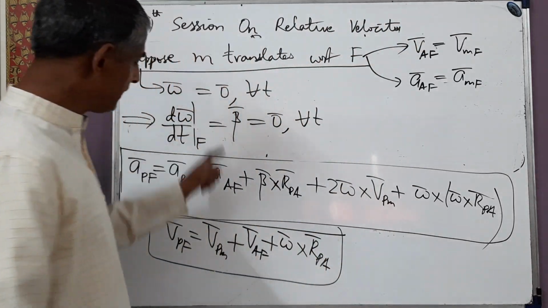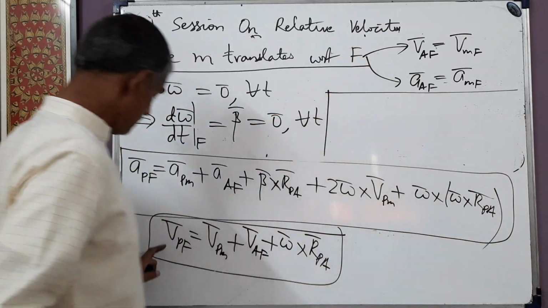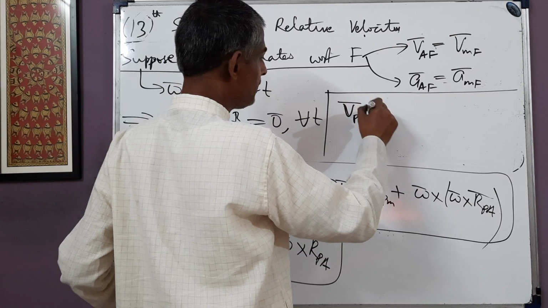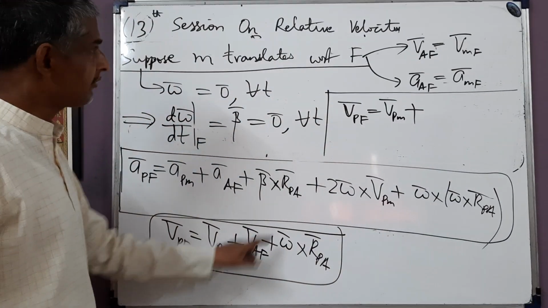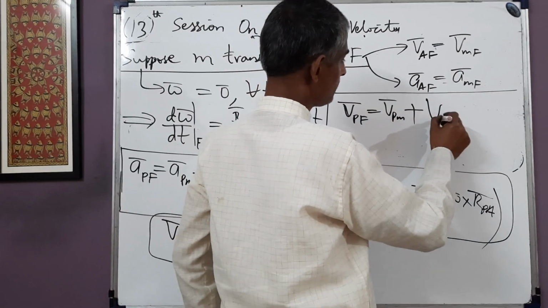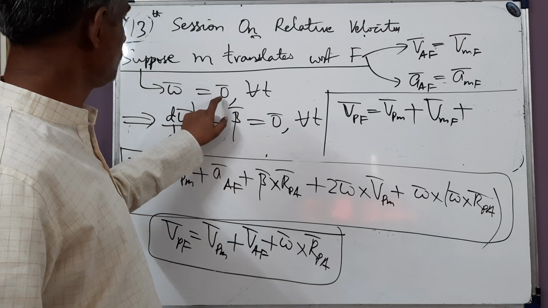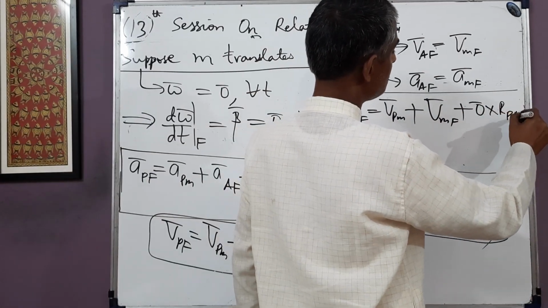So if we make these substitutions in this equation, what will happen? VPF will be equal to VPM plus VAF, which becomes VMF, plus omega cross RPA. Omega is 0, and 0 cross RPA becomes 0.